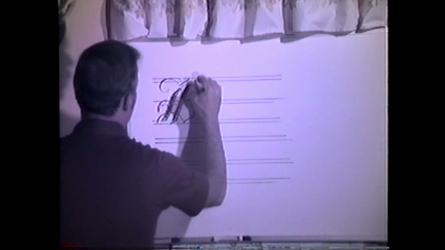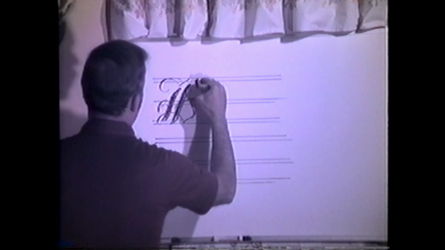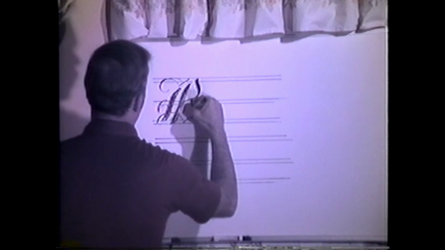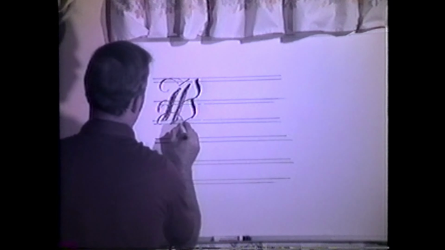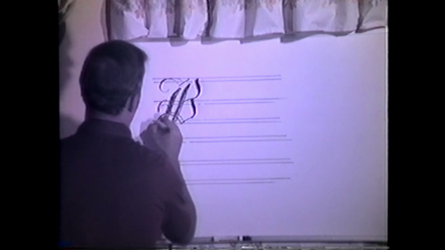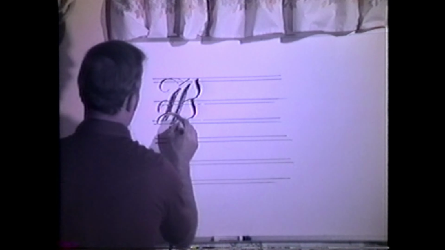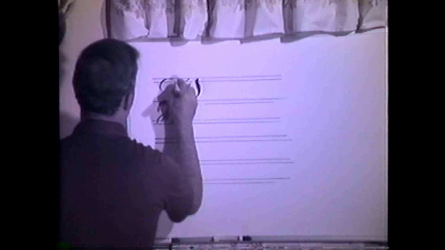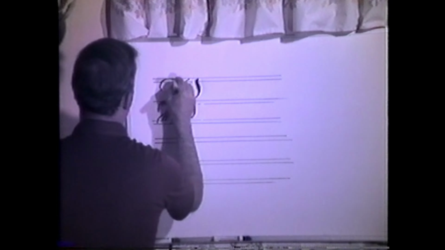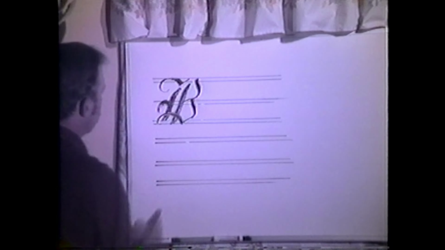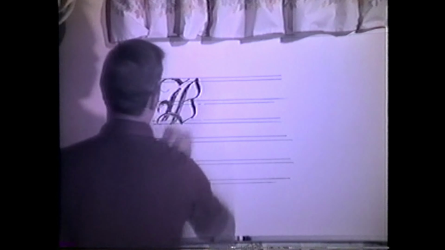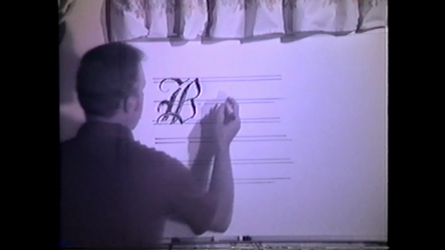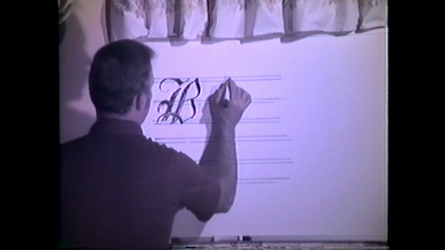The reason I call it the pen version is because in the old days, the calligraphers used this method: you've got a pen that's got a flat tip on it.